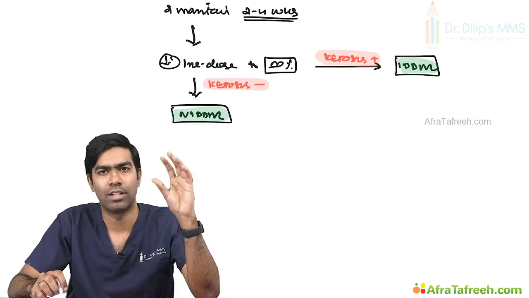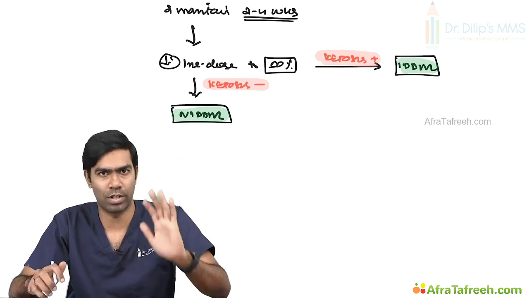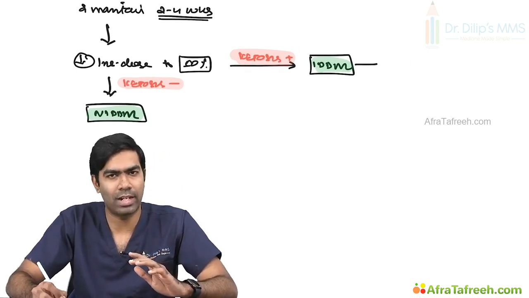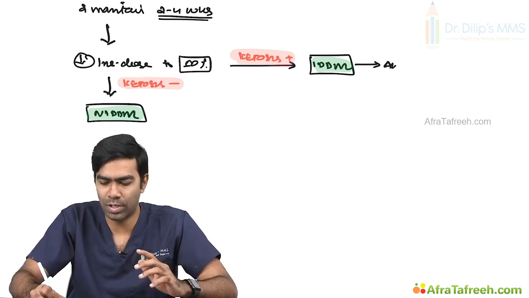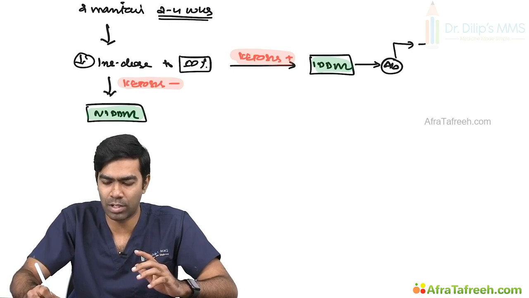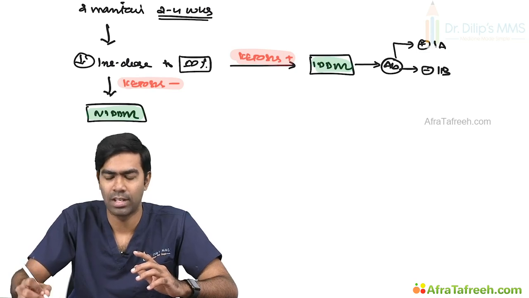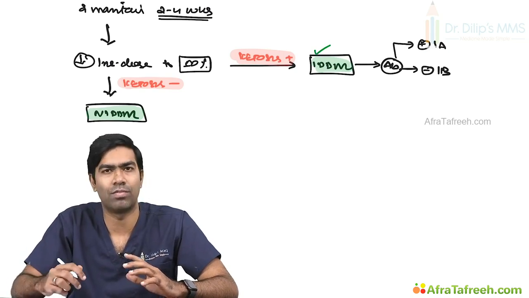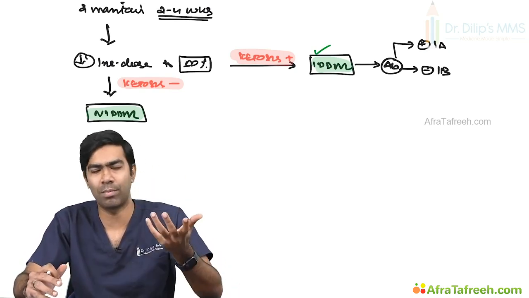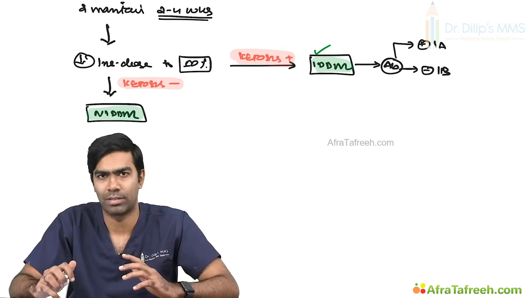All you need is your clinical understanding and your ketone bodies. That's all. Now to further classify this patient as type 1A or type 1B, you need to know the antibody status. If antibodies are positive, I'll call it type 1A diabetes. If antibodies are negative, I'll call it type 1B diabetes mellitus. But for therapeutic and clinical reasons, I don't think antibodies are needed in the first place.